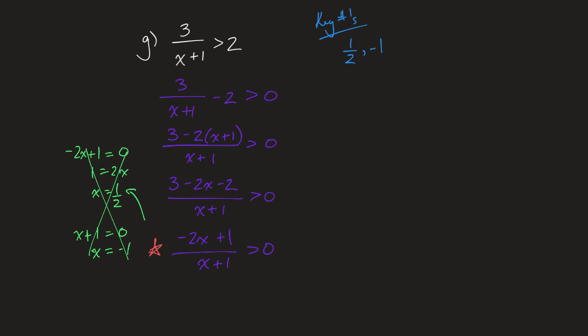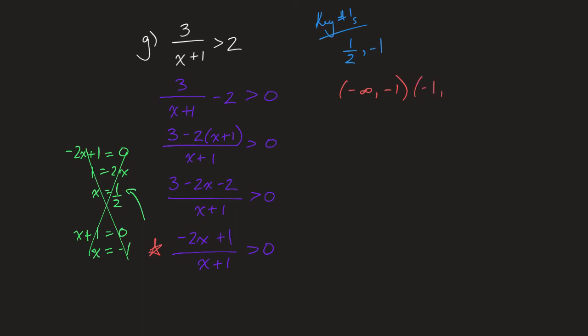Okay, now that we all have the same key values, now I want you to build your interval chart. So go ahead and build your interval chart. Pause it now. Okay, we're back. So hopefully we have an interval chart that looks something like this. I'm going from -infinity up to my first key value, -1.